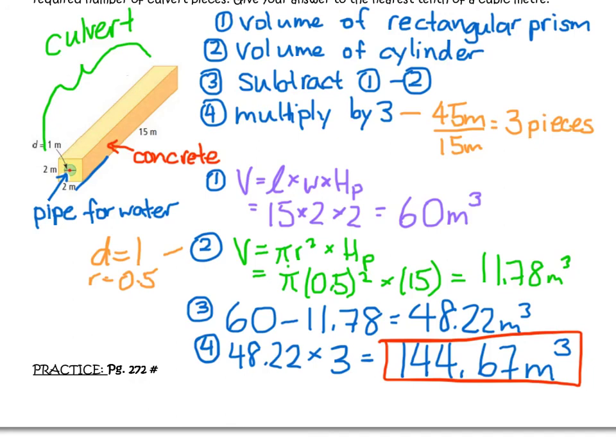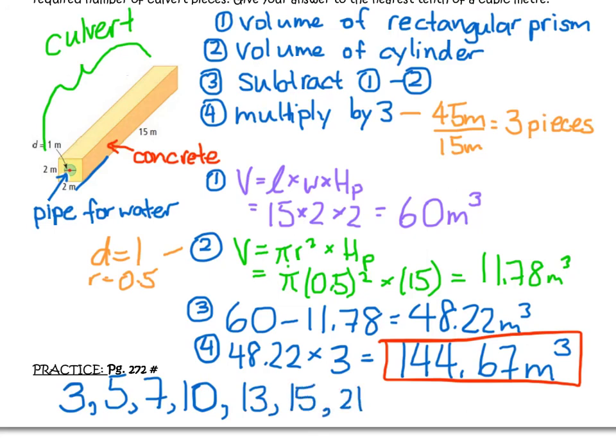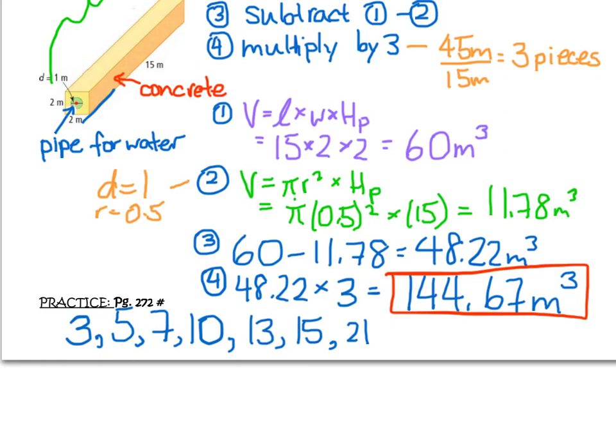So assignment for today, page 372, numbers 3, 5, 7, 10, 13, 15, and 21. This assignment is also going to be due tomorrow.